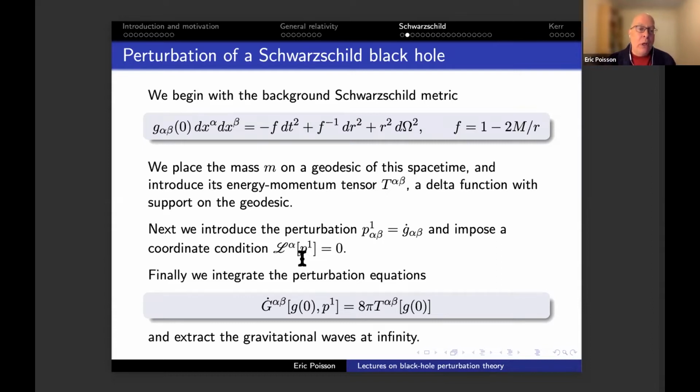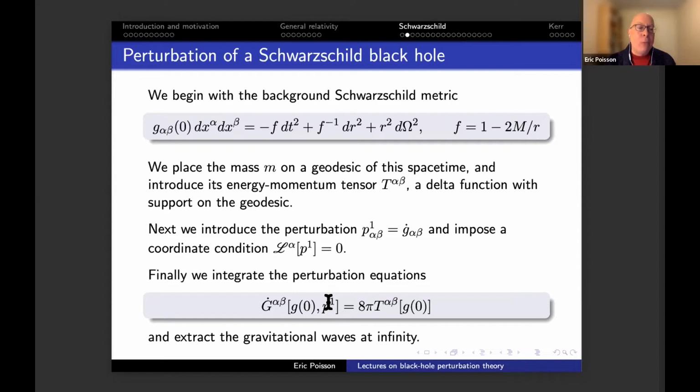And when we do all of this, we end up with a concrete version of this equation over here that says that the first order Einstein tensor calculated from the background metric and the perturbation is going to be equal to the energy momentum tensor of our point mass. The structure of this equation is that we have a linear differential operator acting on the perturbation.